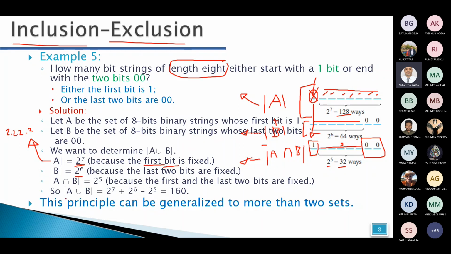So the rule is A union B, which is what we need.